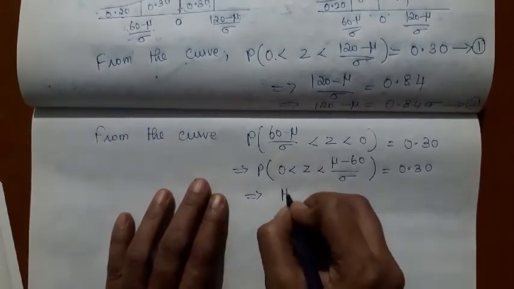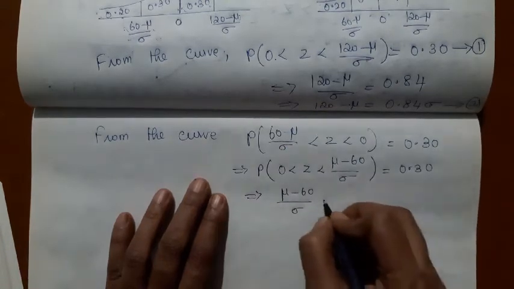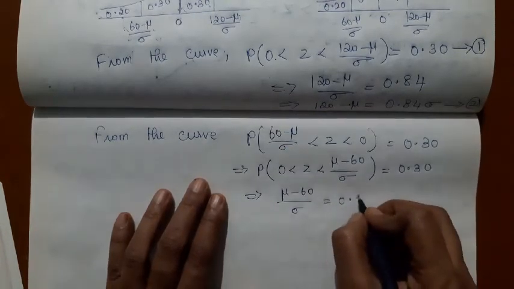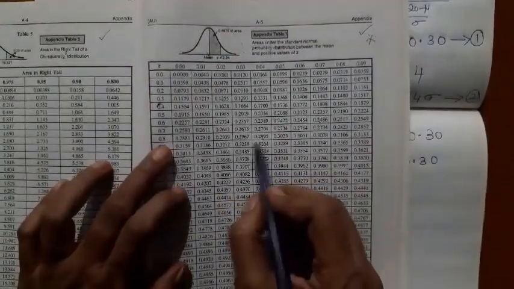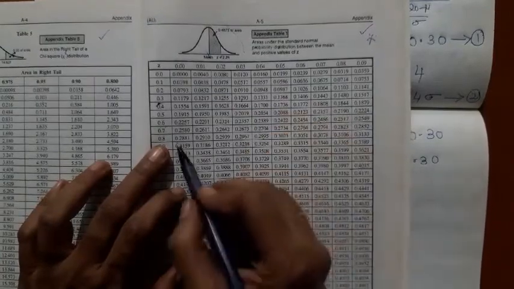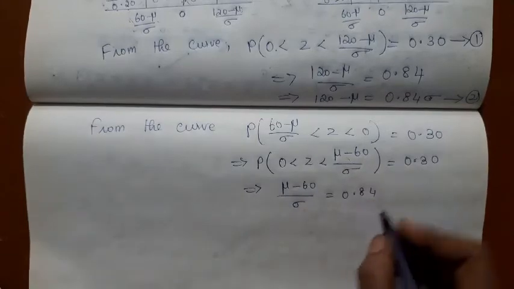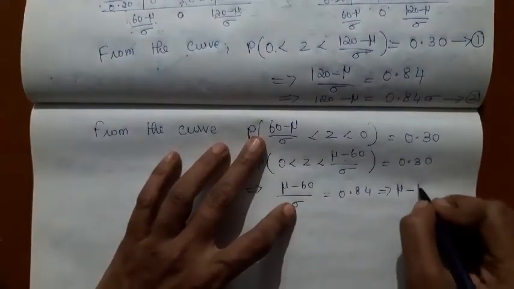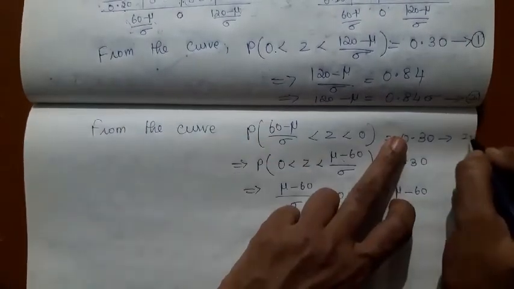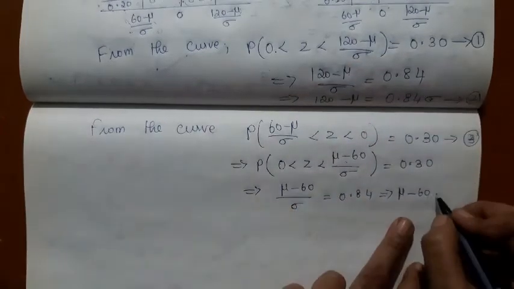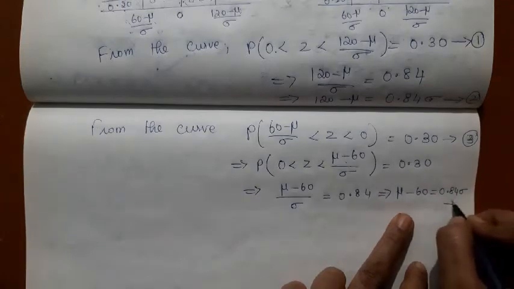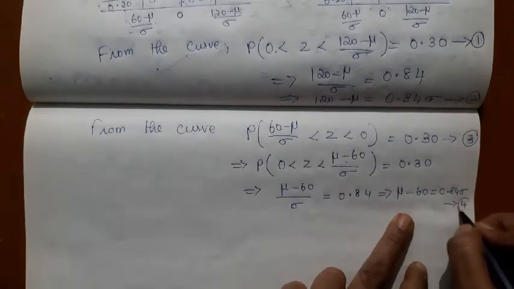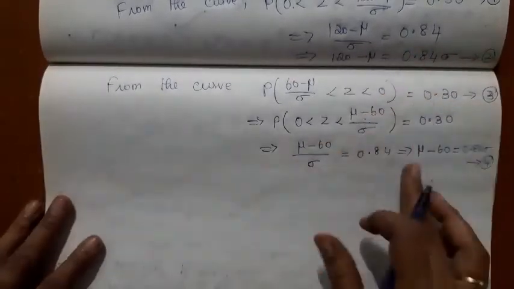So if the area is 0.30, (mu minus 60) by sigma should be equal to 0.84. See, the area is 0.30, so the ordinate should be 0.84. So you get mu minus 60 is equal to 0.84 sigma. This is the third piece of information you are taking from the curve, and the fourth equation you have derived.